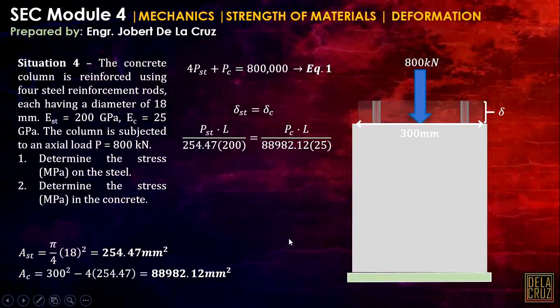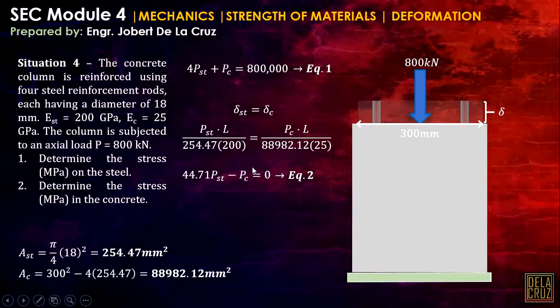If I rearrange this one, it will give us this equation. It depends on you how you simplify it, but what I did here is I just cross-multiplied, the whole term with PST, and this one over this value, 44.71. What remains is just PC, so when we transpose, it becomes negative PC equals 0.